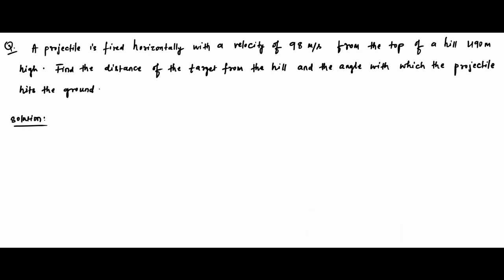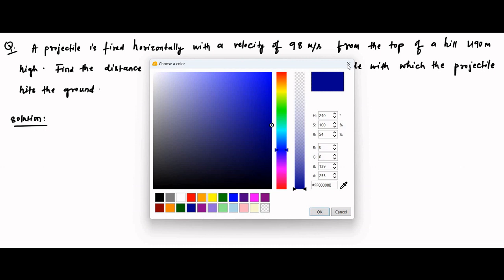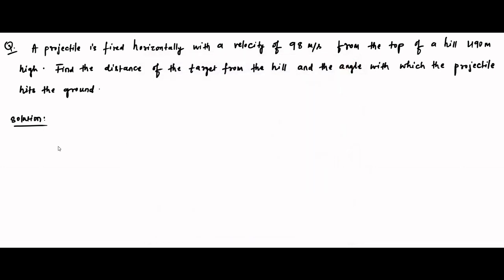So first let us draw the whole situation so that we understand it in a better way. So we have the top of a hill, which is 490 meters. A person standing on the top throws an object, whatever it is, a ball or stone, horizontally with an initial velocity of 98 meter per second.